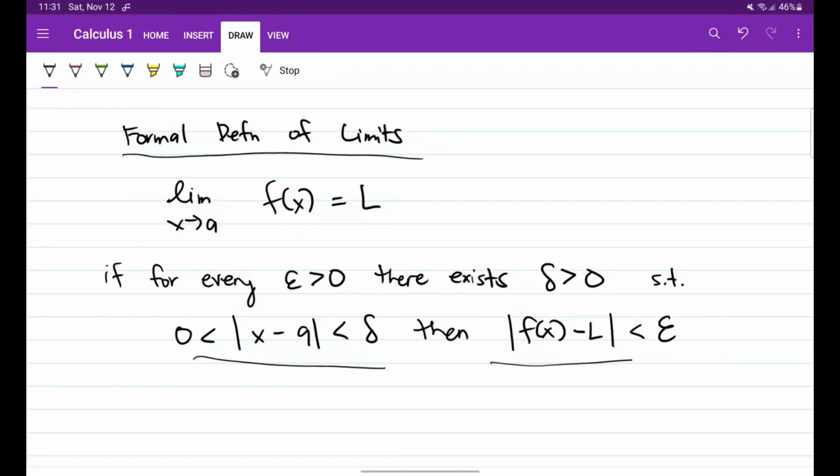Di ba? So, sinabi natin, breakdown natin, no? So, for every epsilon greater than 0, meaning for every distance epsilon from L. Okay?